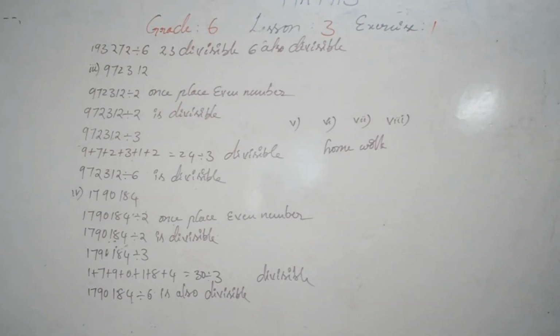So the fifth, sixth, seventh, eighth ones are homework. Next one: determine which of the following numbers are divisible by 5 and 10. Check whether the numbers are divisible by 10, 5 and 2.